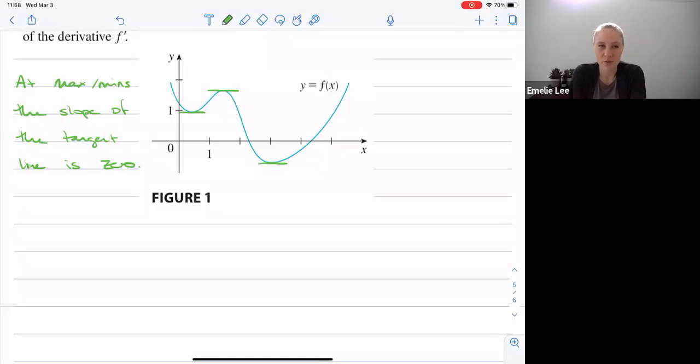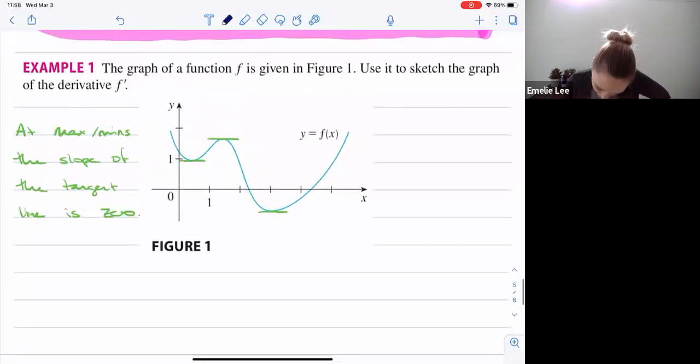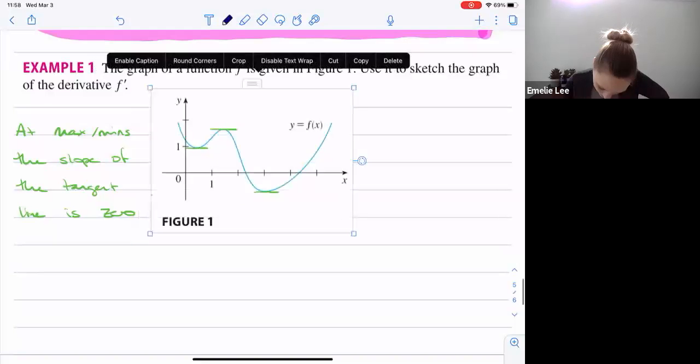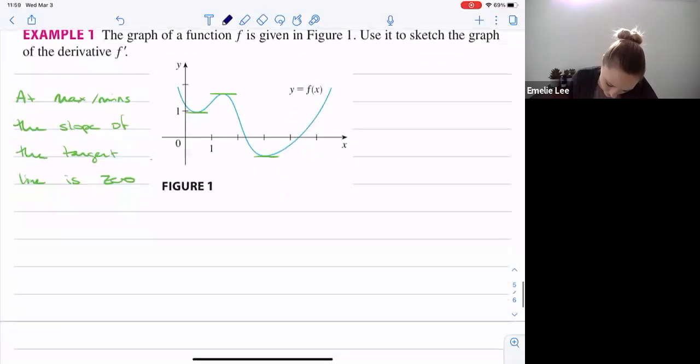If we're drawing the derivative, then instead of having y equals f of x on the y-axis, we're going to have f prime of x. Maybe I should do this one a little bit smaller so I can keep it on the same page.